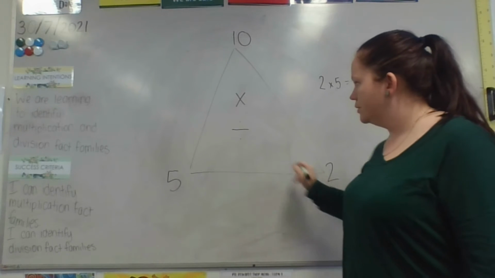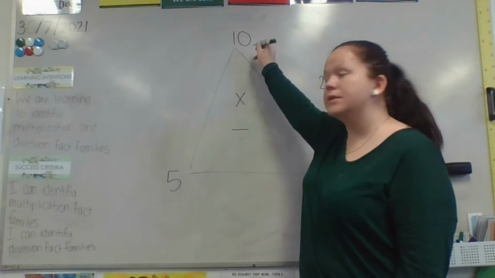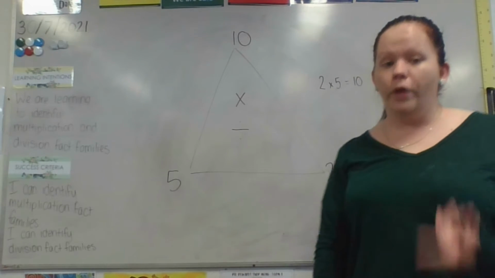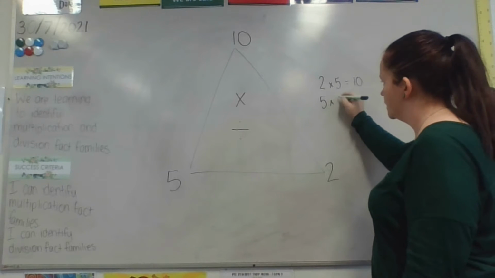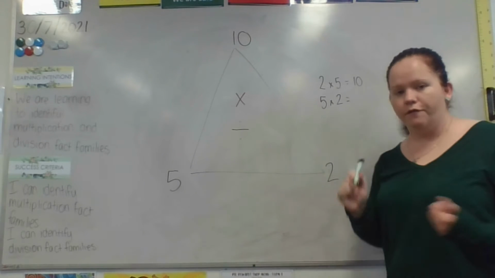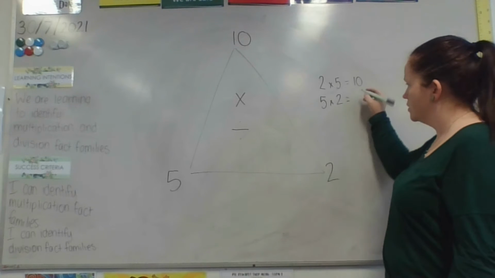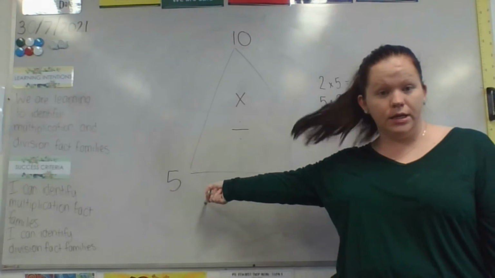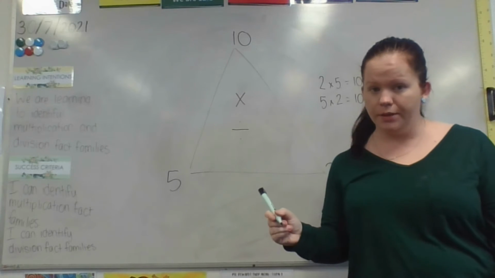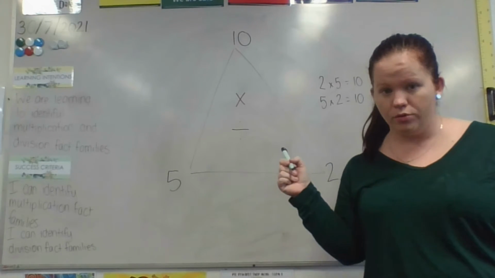So, 2 times 5 is 10. We can write that the opposite way now, and we can do 5 times 2. So 5 times 2 is also equal to 10. And I know that because there are only 3 numbers shown in our fact family grid on the board.